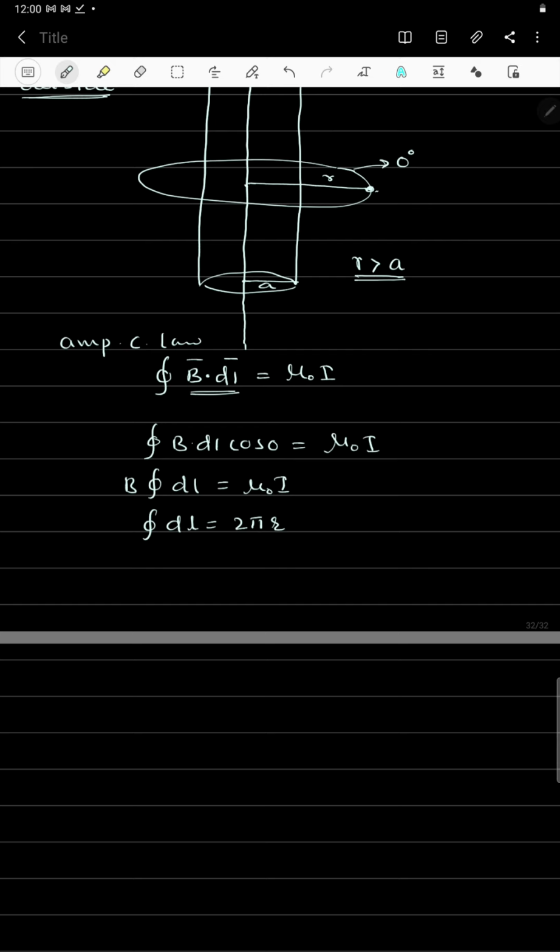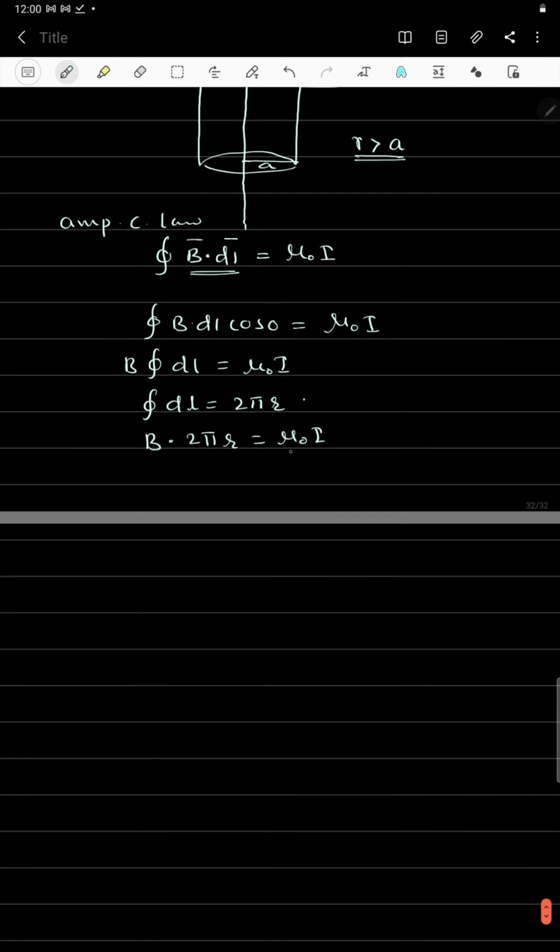Putting the value of the integral, B into 2 pi r is equal to mu naught into I.